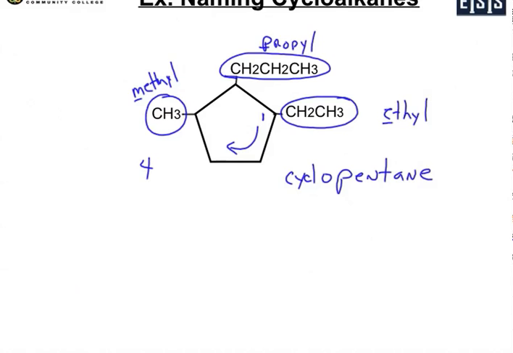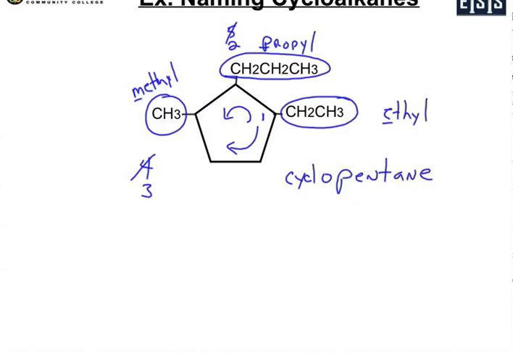The propyl would be a number 5. But if we go in the counterclockwise order, the propyl will get a number 2, which is smaller than 5, and the methyl will get a number 3, which is less than 4. So to get the smallest numbering, we're going to go in counterclockwise order with numbering.